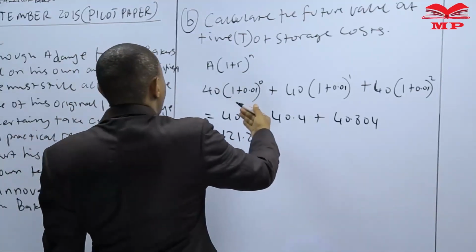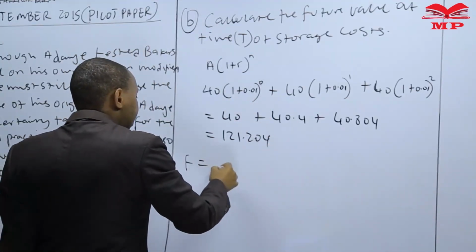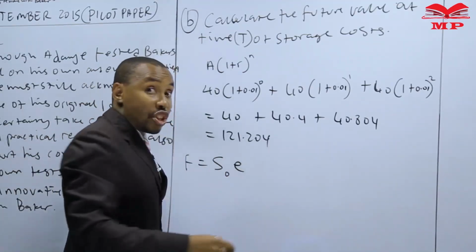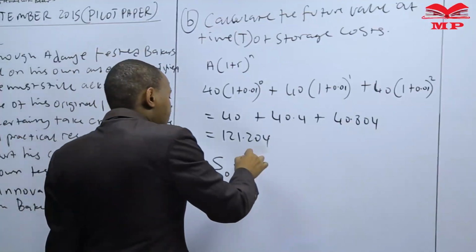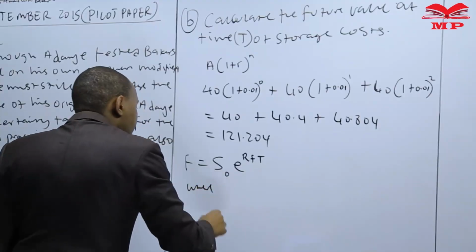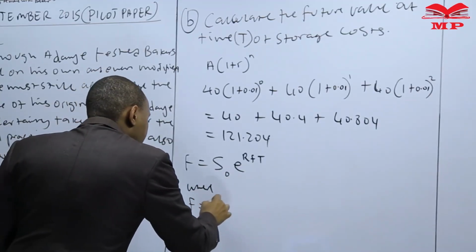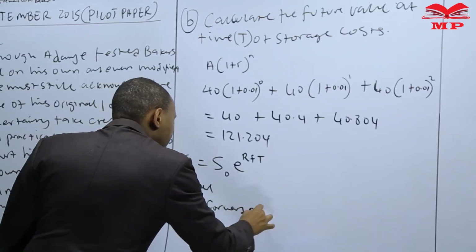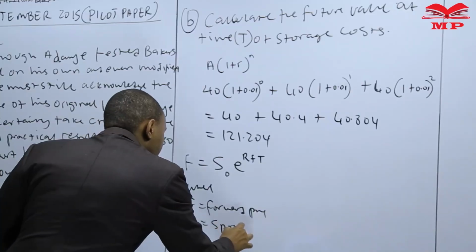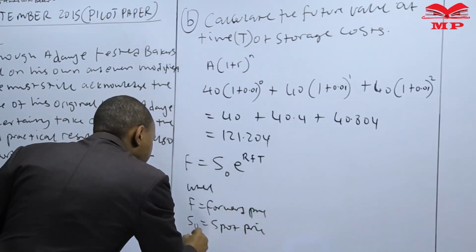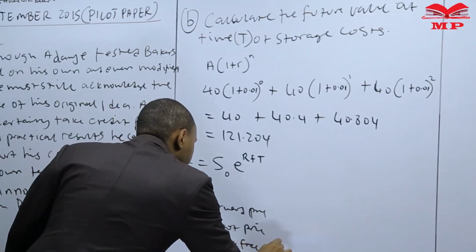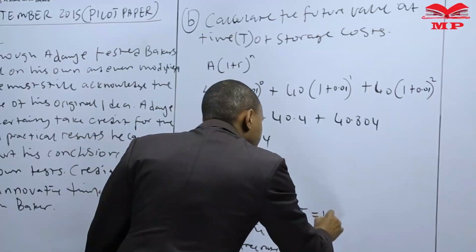Now, what we need to note is that the forward price is given as the spot price multiplied by an exponential, if it is continuously compounding, of the risk-free rate times T, where F is the forward price, S naught is the spot price, RF is the risk-free rate, and T is time.